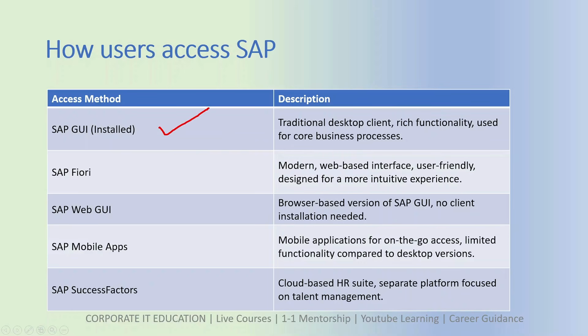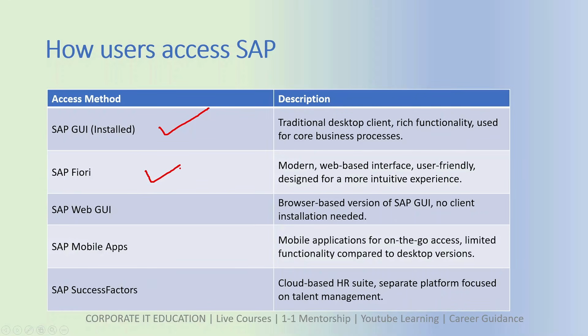This is basically a software which you download and install on your machines and you work with all the different modules. So this was primarily used for a long time, but there were needs in terms of making this product accessible in web-based format as well.